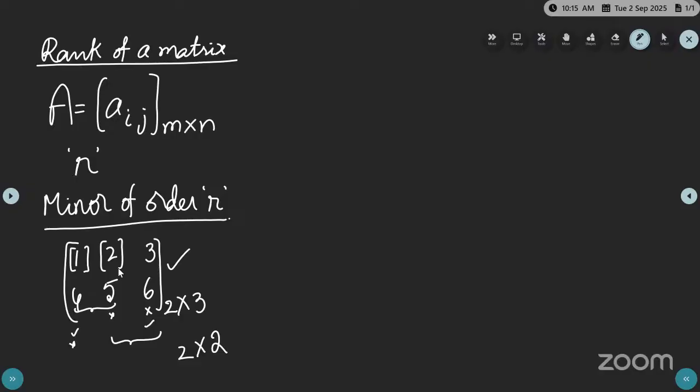The rank of a matrix A is said to be r if there exists at least one non-zero minor of order r, and all the minors of order greater than r must be zeros. First you write that. I'll explain with a simple example, you can easily understand.